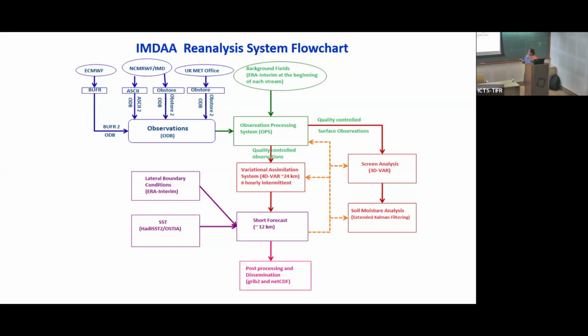We are using the soil moisture analysis, only the SCAT data. Whatever surface observations are available, with that we do some pseudo analysis of the surface screen temperature using 2-meter temperature and 2-meter humidity. That's what screen analysis is. This is a kind of pseudo temperature we are getting. It's not the actual screen temperature.